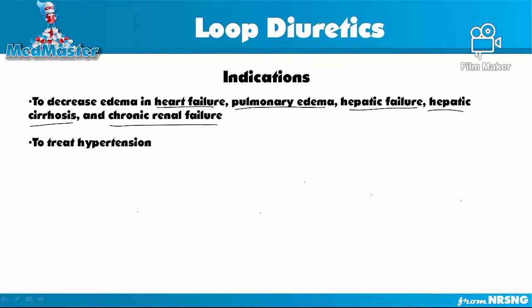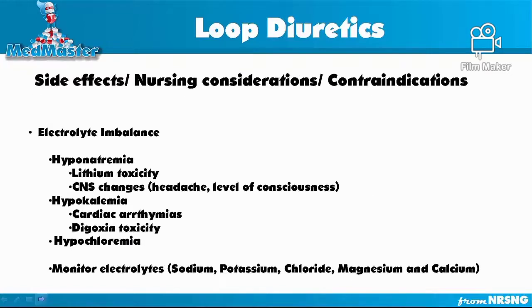This medication is also used to treat hypertension, especially furosemide, which we also call Lasix or water pill. This is a particular drug physicians use quite often to treat hypertension as well. On the next slide, we're going to talk about the side effects, nursing consideration, and contraindication.